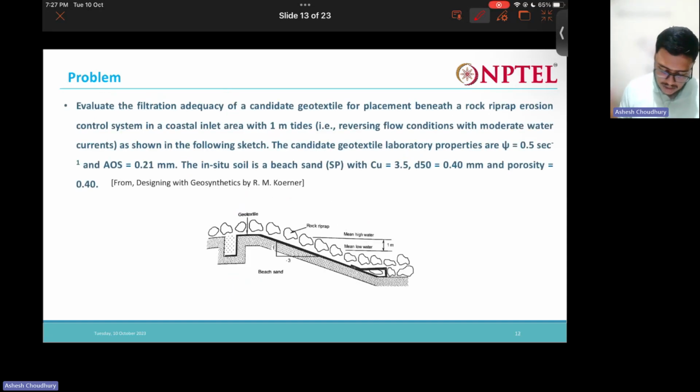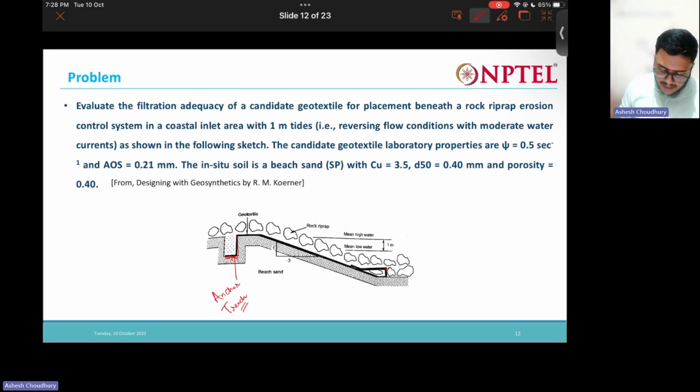Here we have this system. This bold black is the geotextile, anchored here in the anchor trench. Over this geotextile we have this riprap, which will dissipate the water force coming from the water to some extent.